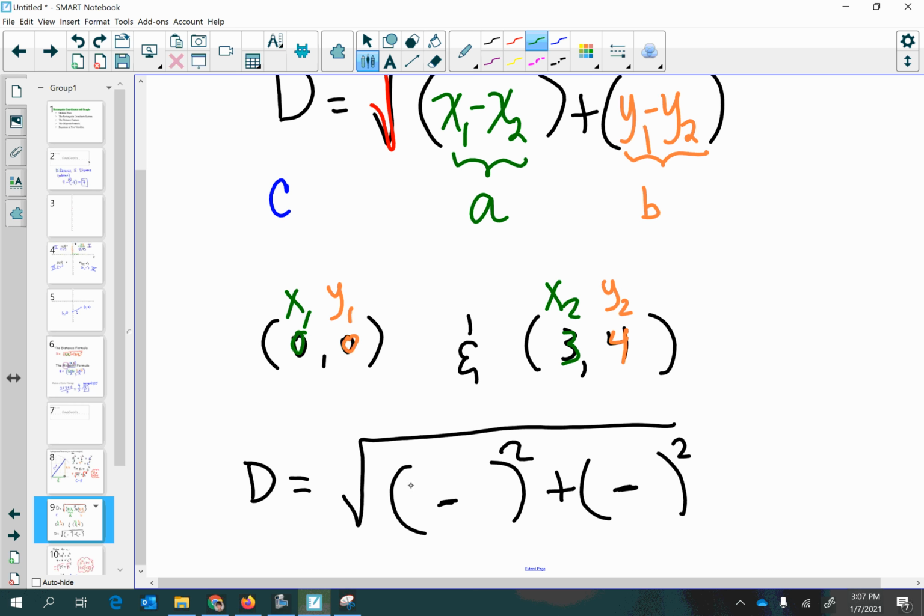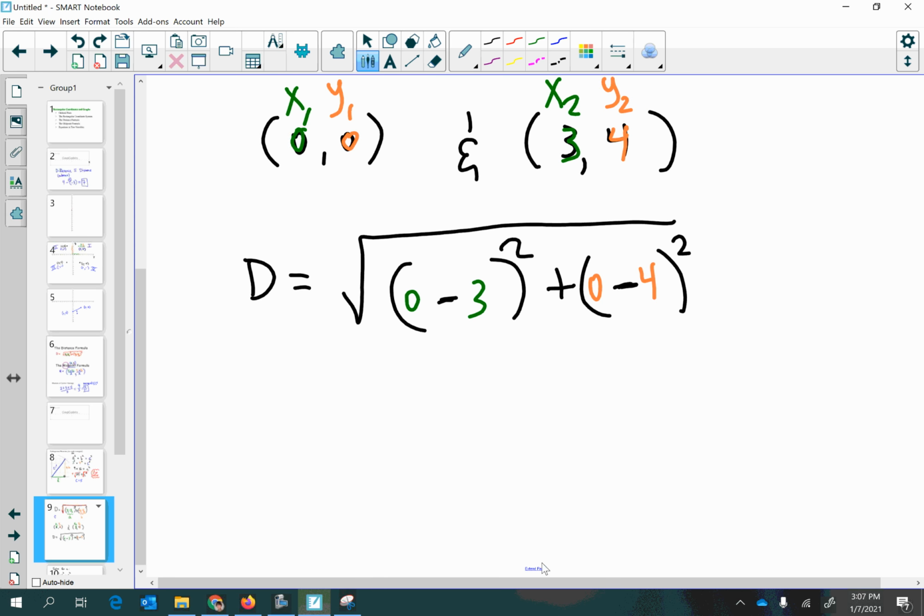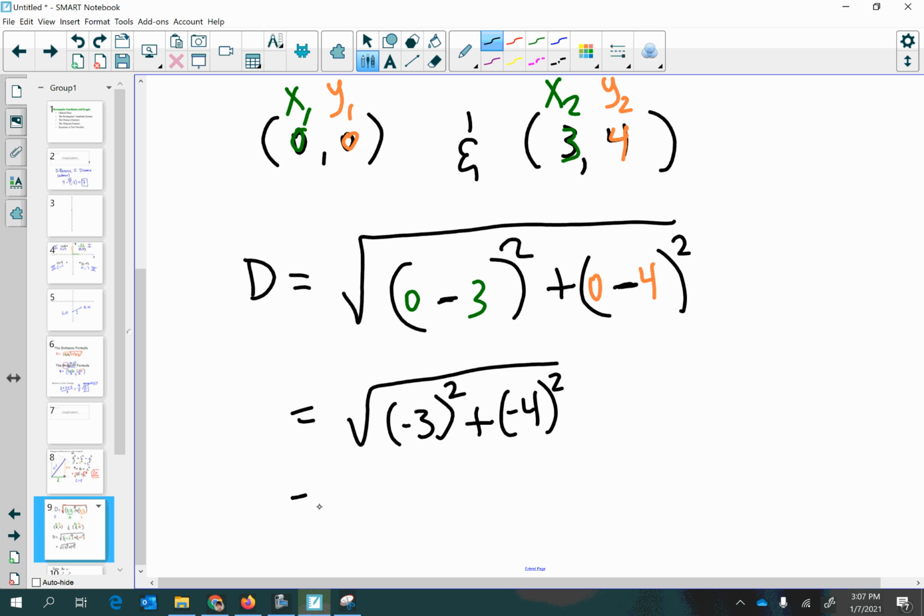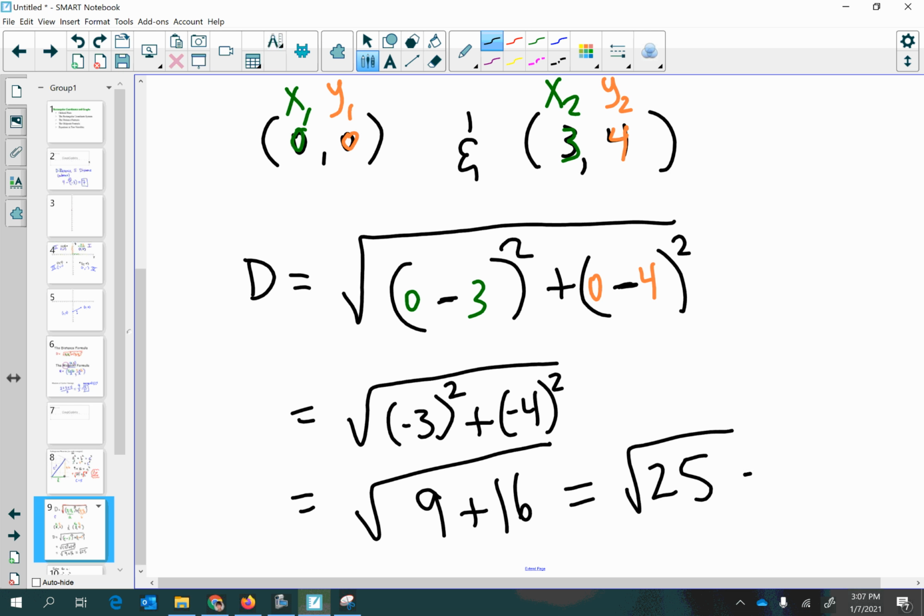So that's 0 minus 3 and 0 minus 4. And so it would work out to negative 3 quantity squared plus negative 4 quantity squared. So negative 3 times negative 3 is a positive 9. Negative 4 times negative 4 is positive 16. So we get the answer square root of 25, which is just 5.